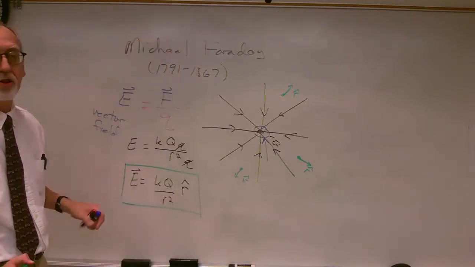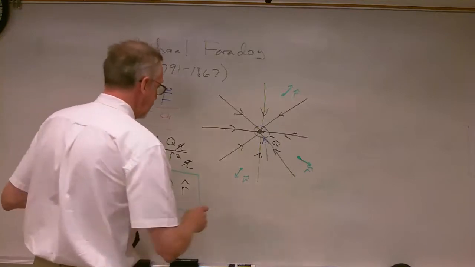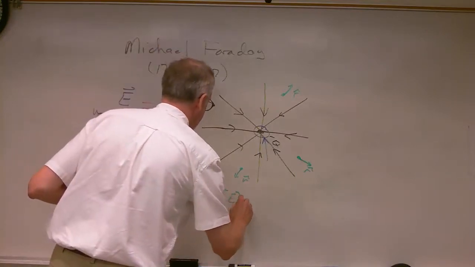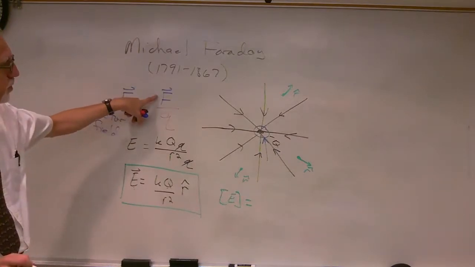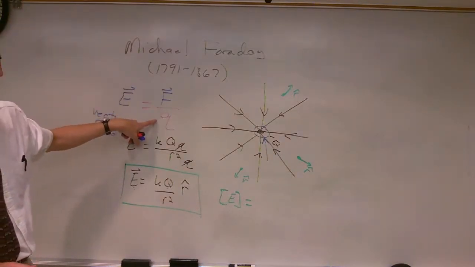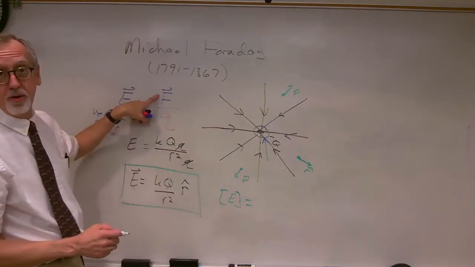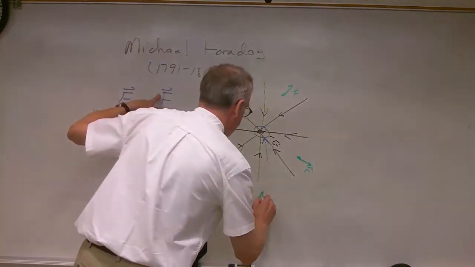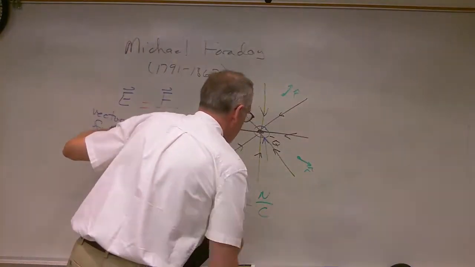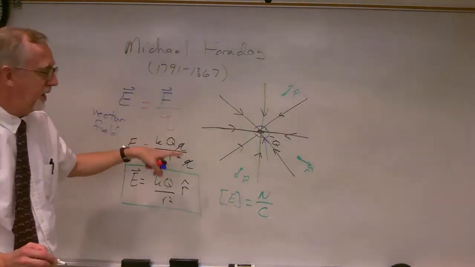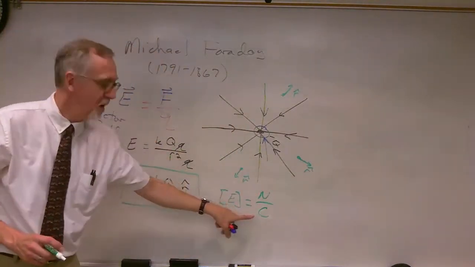Before we go on, let's take a look at what the units are for the electric field. What are the units of E? The units of the electric field will be the units of force divided by the units of charge. The units of force are newtons. The units of charge are coulombs. So the units of the electric field will be newtons per coulomb.